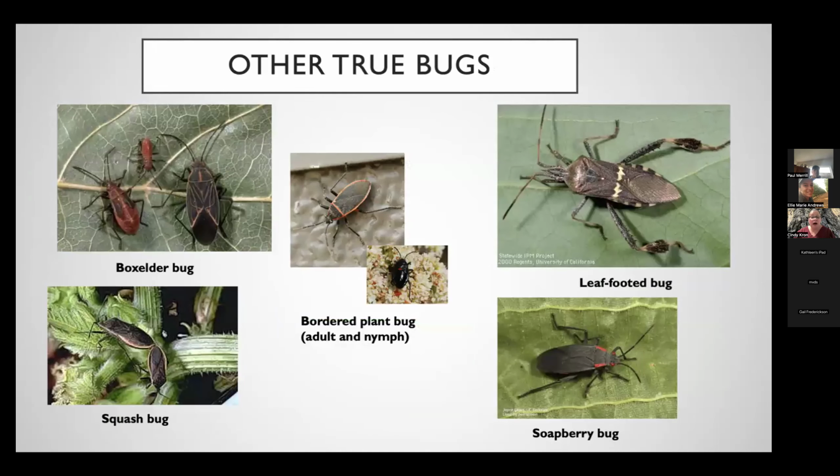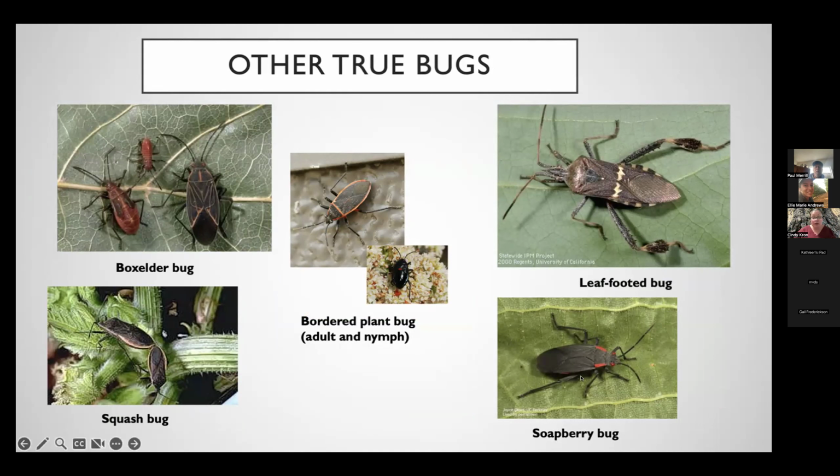So, some other true bugs that you can find in the field and likely will. Box elder bug, they aggregate in very large numbers, not usually an issue in crops, but a border plant bug looks similar. Leaf-foot oak bug, definitely an issue in certain crops.